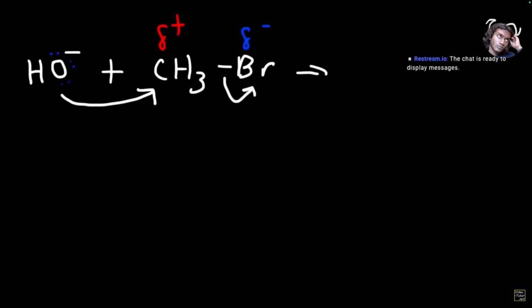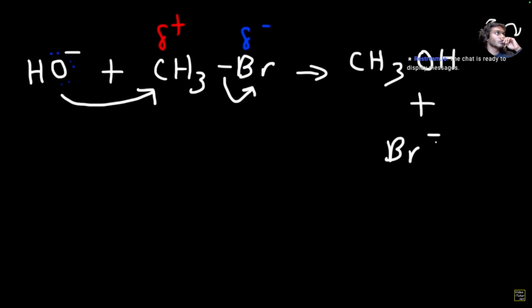And so we get the product, which is methanol, and we also get a side product, also known as the leaving group, which is the bromide ion. And so that's the basic idea behind the SN2 reaction mechanism. There's no intermediate to draw. The transition state looks like this.